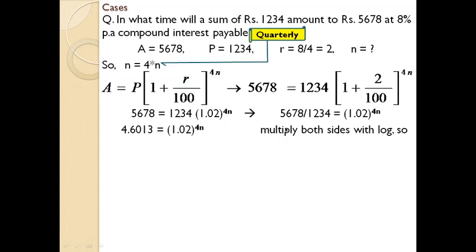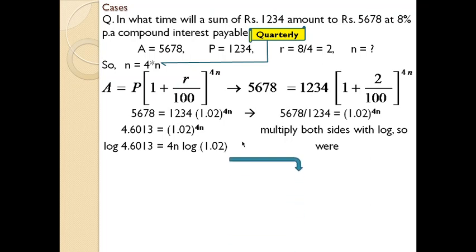Taking log on both sides, you will get log 4.6013 equal to 4n log 1.02, where from now on you need to use the log table and find the value of log of 4.6013 and log of 1.02.